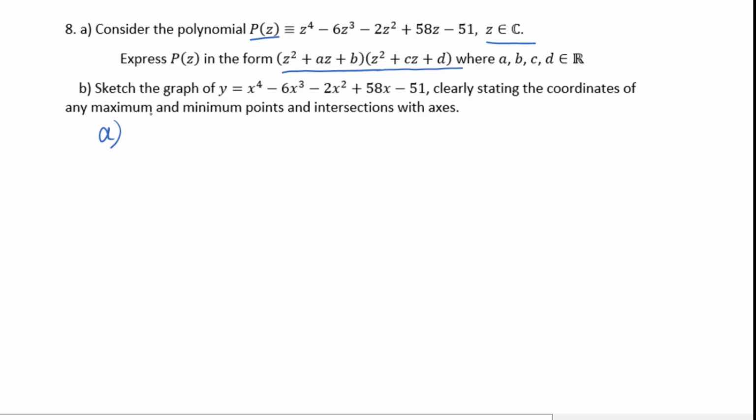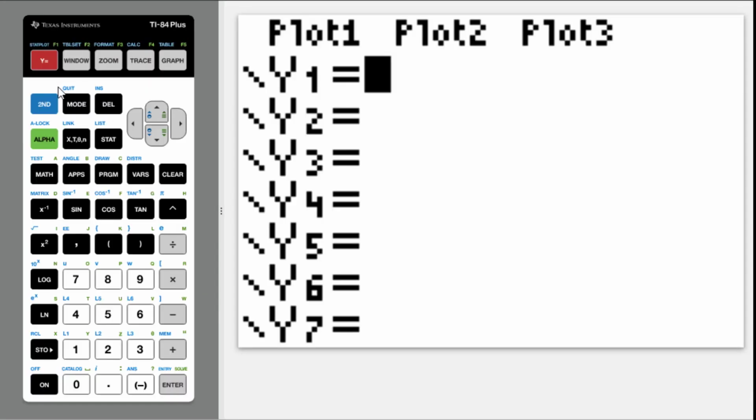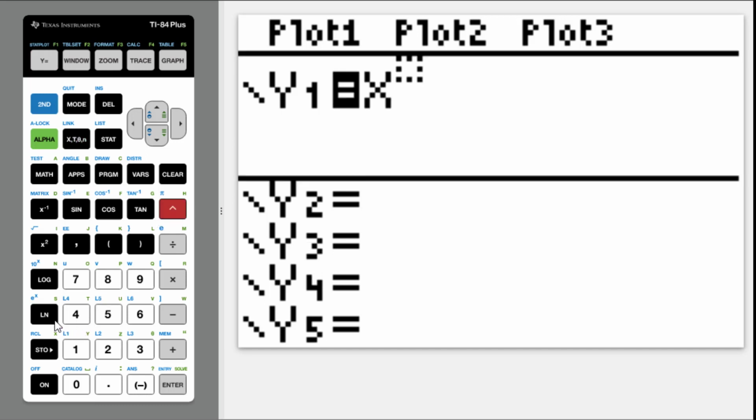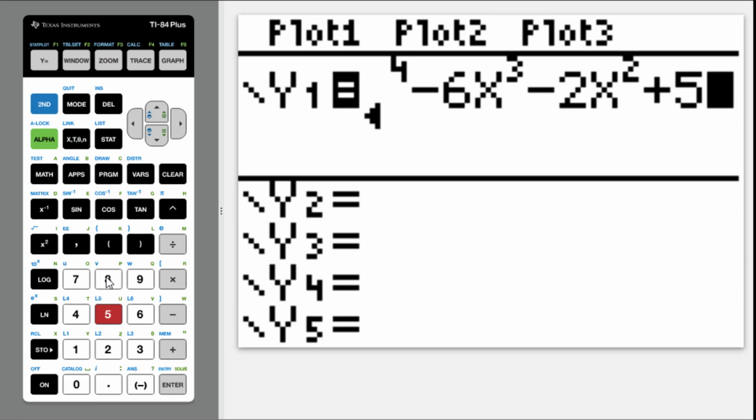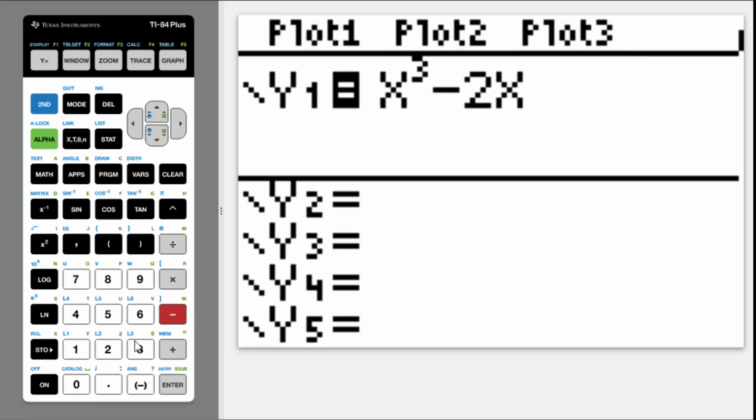For a, since this is calculator based, we need to put this polynomial function into the calculator to get the zeros. So we put into the graphing calculator, change z into x: x to the fourth power minus 6x to the third power minus 2x squared plus 58x minus 51.